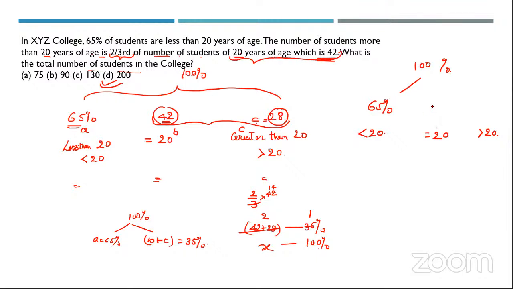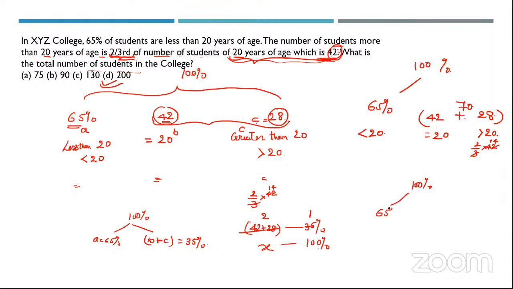So this number is equal to 42, and the number of students more than 20 years of age is 2/3 of this number. So 2/3 of 42 will give you 28. So this is 28, right? When you add this, you will get 70. Now 100% are there.